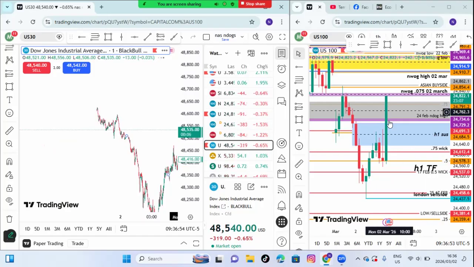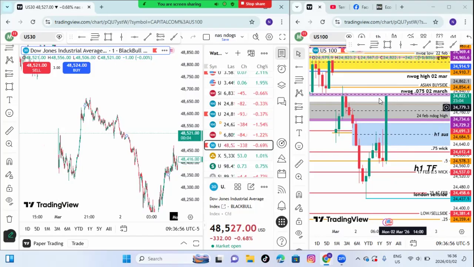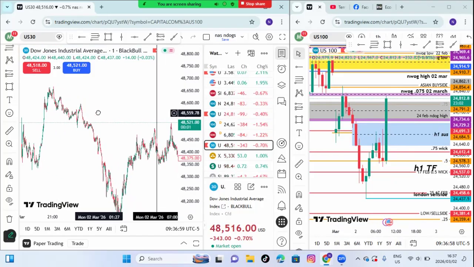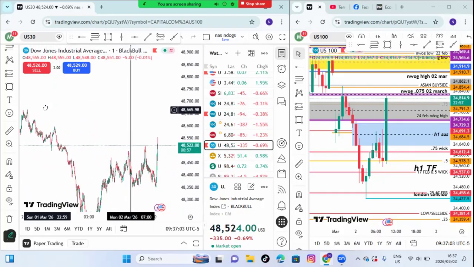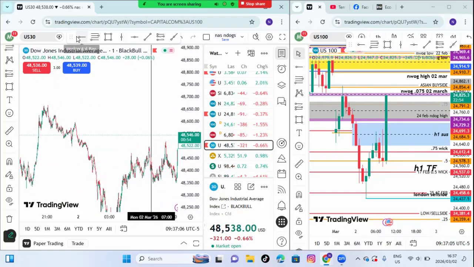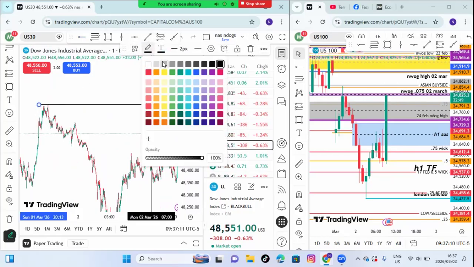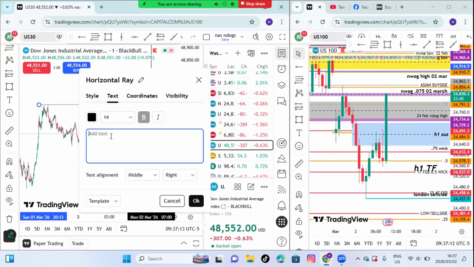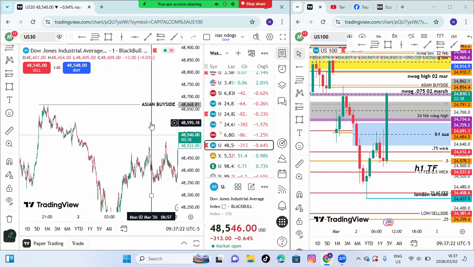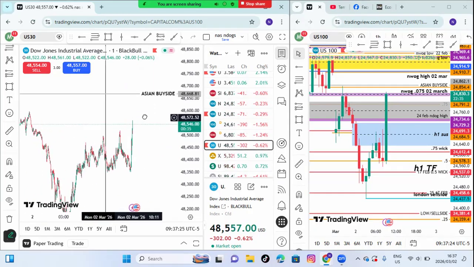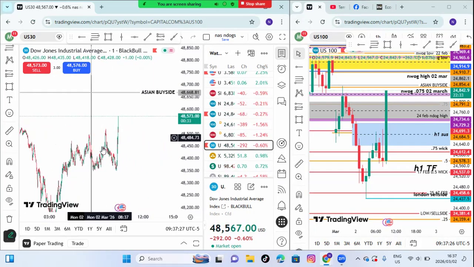Okay, that's beautiful here. So this is the Asian buy side, the Dow. Would you take that? That'd be nice.